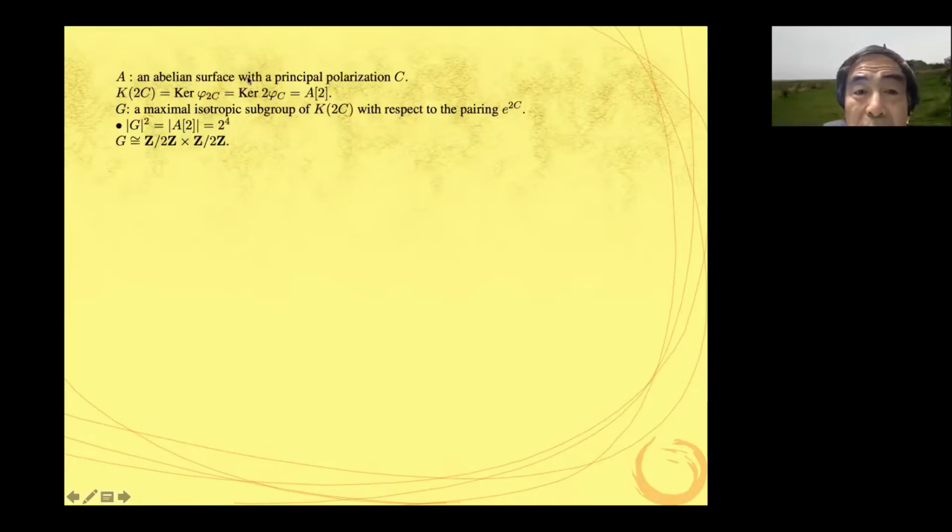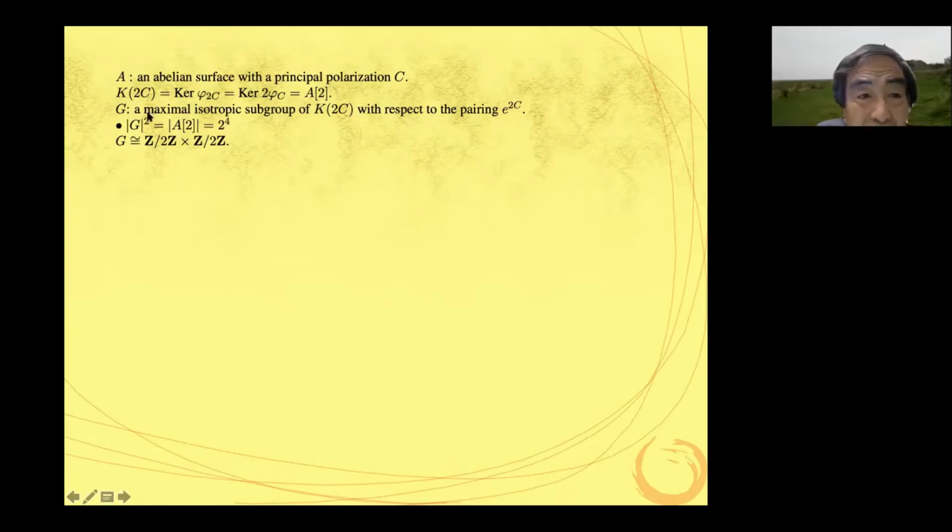A is an abelian surface with principal polarization C, and we consider 2 times C. Then this is the kernel of 2 times phi C. And since C is a principal polarization, phi C is an isomorphism. So the kernel is trivial, and this one is just equal to the group of 2-torsion points.